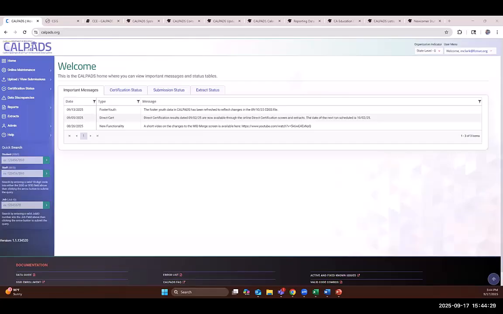It is noted in the dashboard technical guide as well, and the CALPADS to the dashboard handbook. And if I knew where either one of those are right now, I'd gladly drop it in the chat.